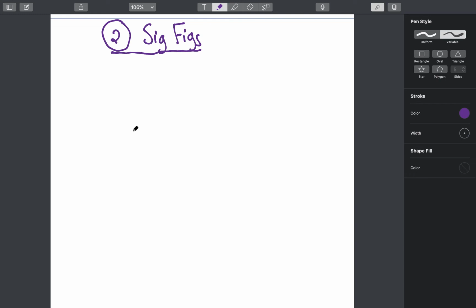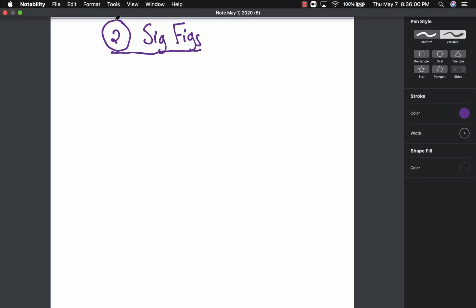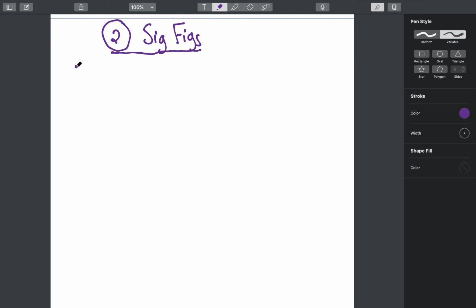So after that, let's get into these sig-fig rules. First of all, what is a sig-fig? A sig-fig literally means important figures, important numbers. That's all it means. Sig-figs are pointing out what the important numbers are in a measurement.